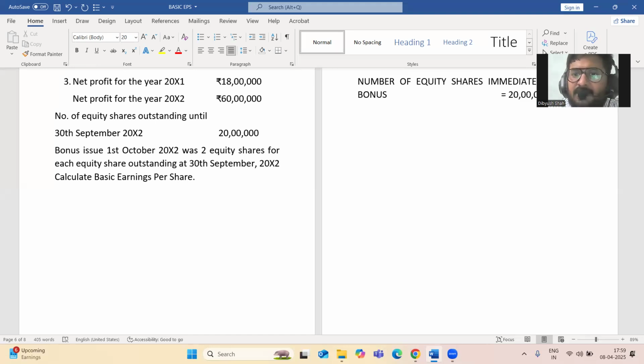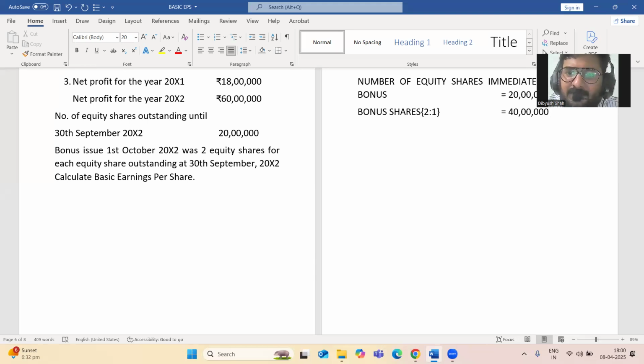It says for each share that you are holding, I will give you 2 bonus shares. That is what they are telling. So bonus shares will be 2 for 1. For every 1 share outstanding, you will get 2 new shares. So for 20 lakh shares outstanding, you will get 40 lakh shares.